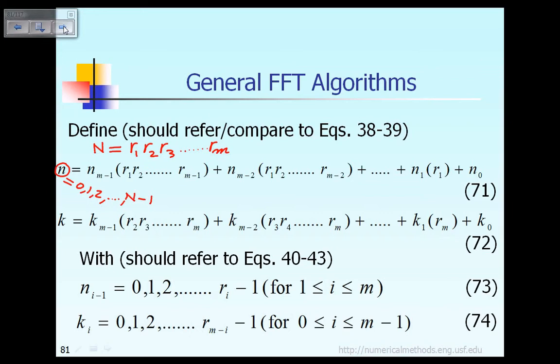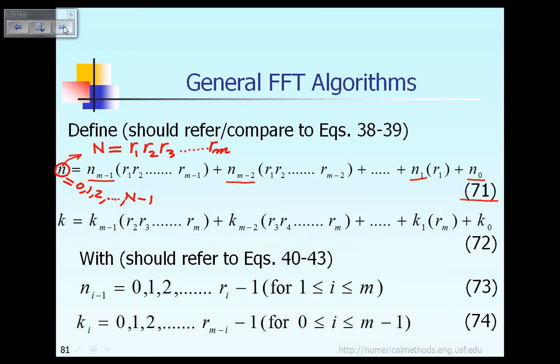However, as you have already seen from the previous two lectures, the small index m that you got in here can be expressed in terms of n0, n1, n2, n3, and so on, up to nm minus 2 and nm minus 1, according to equation 71 that I show you over there.